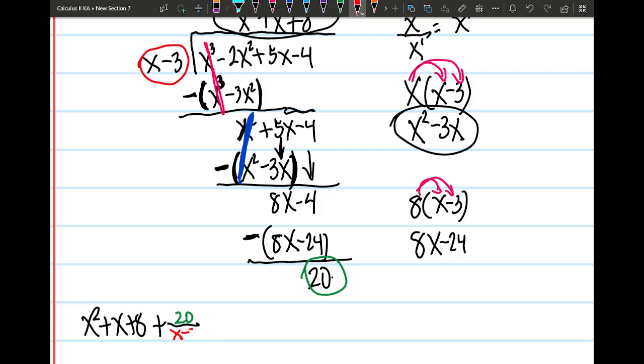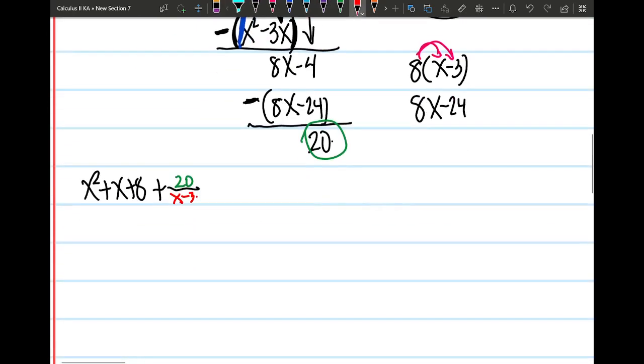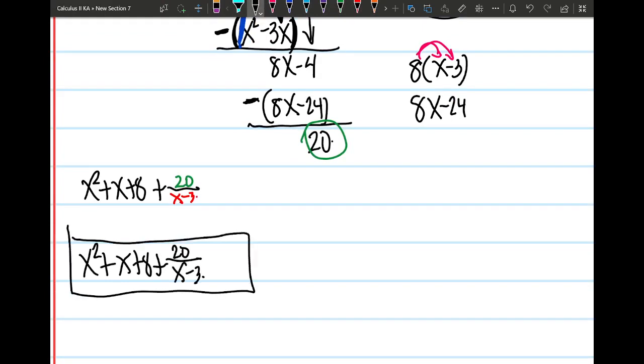So really our answer is going to be x squared plus x plus 8 plus 20 over x minus 3. And this is our final answer for this problem, guys.